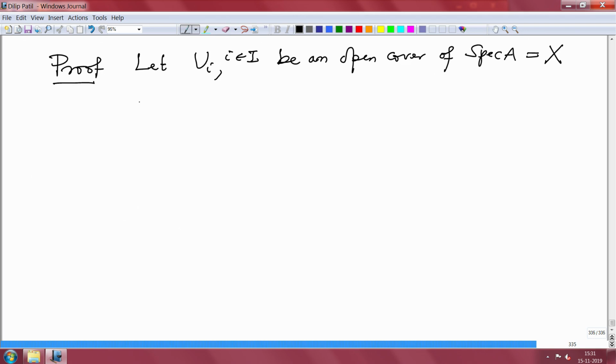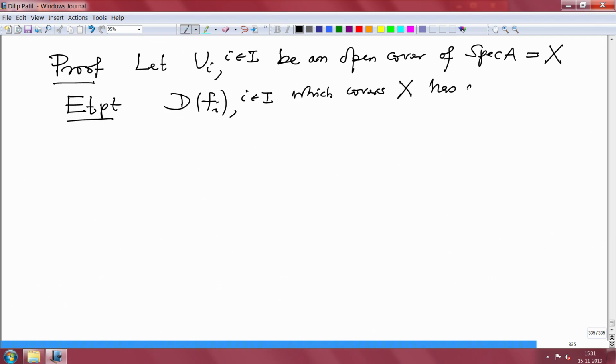Alright. So, we may assume it is enough to prove that D_{f_i}, i in I, which covers X has a finite subcover, because X is a union of U_i's.